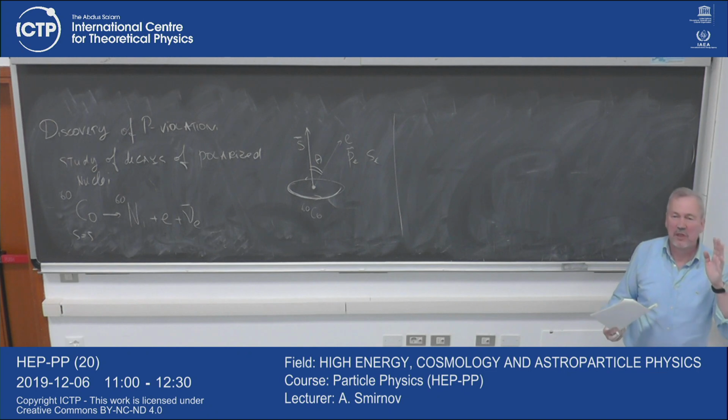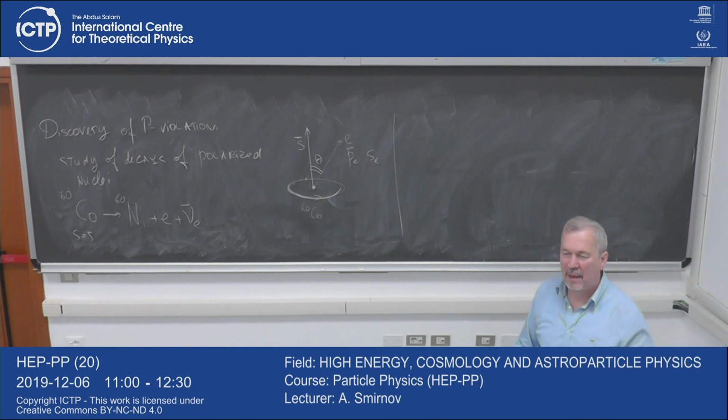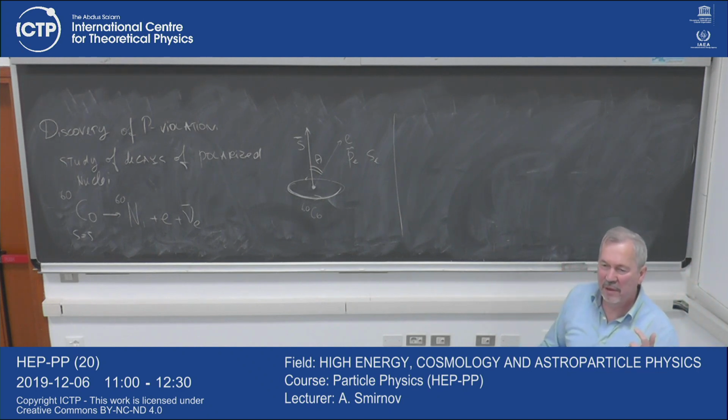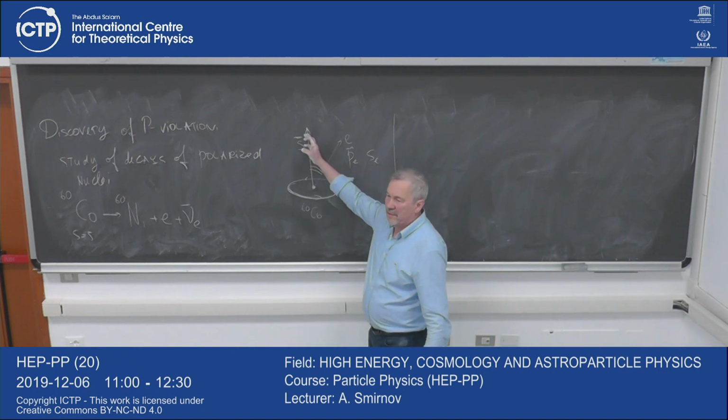So you would expect that, what is strange, is if the number of electrons in the direction of spin polarization of cobalt is more than in the opposite direction, or vice versa. Let me come back to what we discussed in the beginning. This is our convention that spin is directed here.